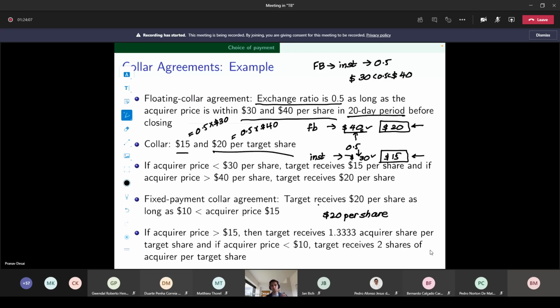So how can it fix a dollar amount if Facebook is paying Instagram in stock? Because stock prices notoriously vary. So how does it really ensure that it's $20 per share which is being paid as opposed to something else?